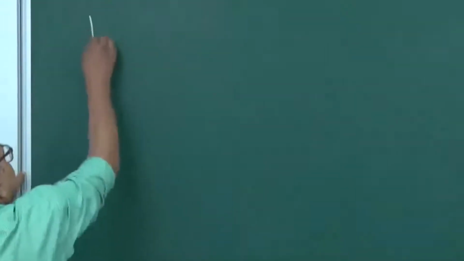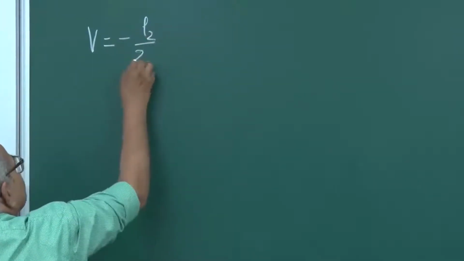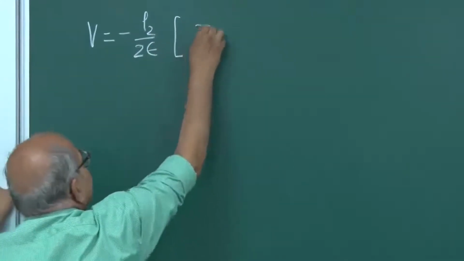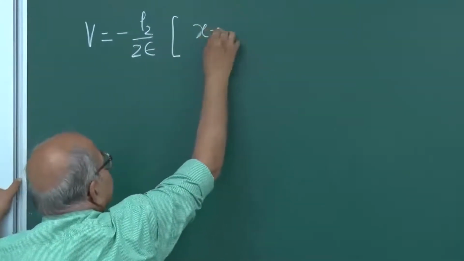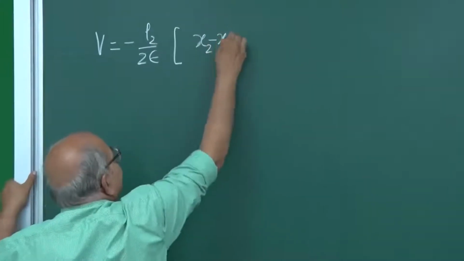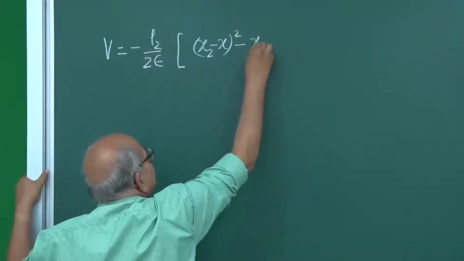The expression was V equal to minus rho 2 over 2 epsilon times ((x2 minus x) square minus x2 square).